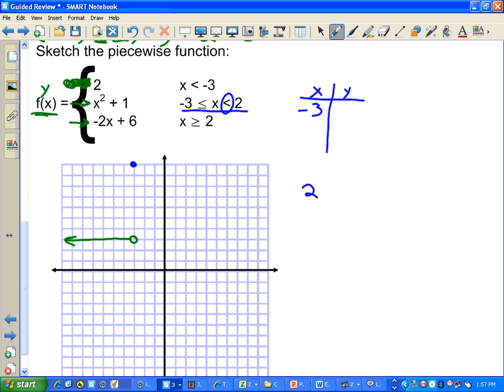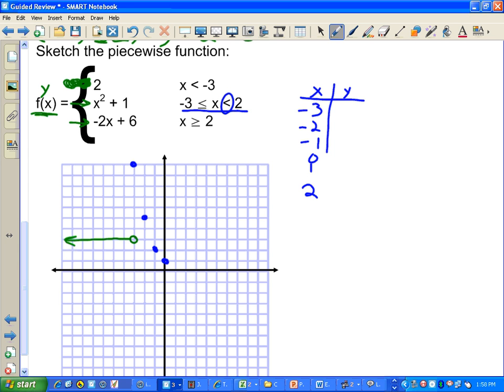If I put in numbers like negative 2, negative 1, 0, 1, 2: negative 2 is going to get me 5. Negative 1 is 2. I put in 0, I get 1.